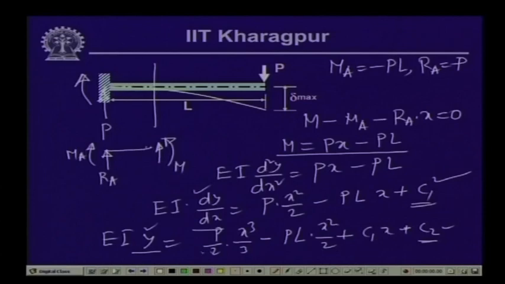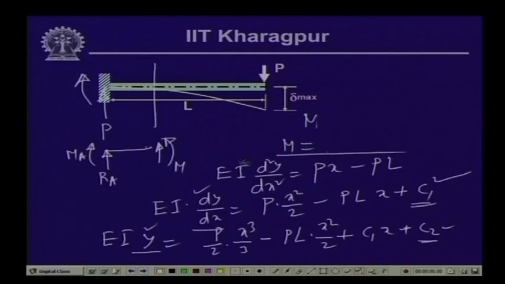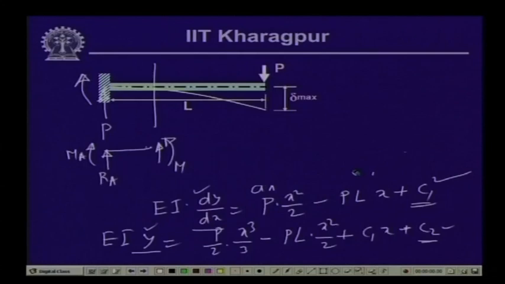Hence, we get the values that E I y is equal to P x cube by 6 minus P L x square by 2, and at x equals L, if we substitute the value, we will get the value of y.